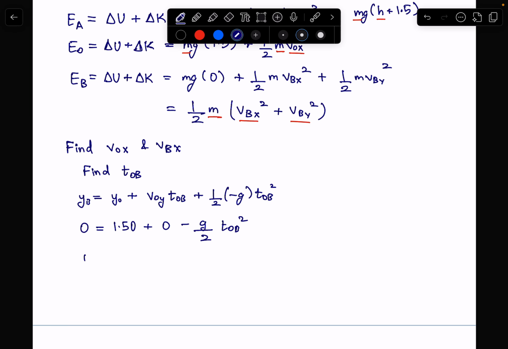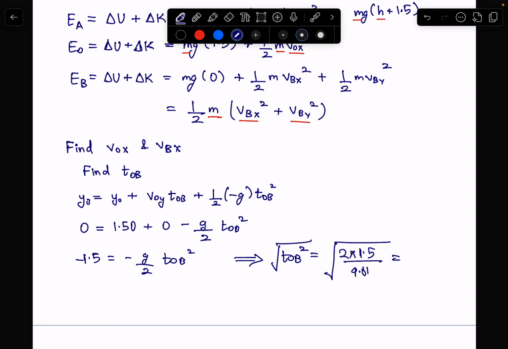So solving for tOB squared, tOB squared is equal to 2 times 1.5 divided by 9.81, that's my g, equal to 3 divided by 9.81, and then if you square root both of these, your tOB should be 0.55 seconds.